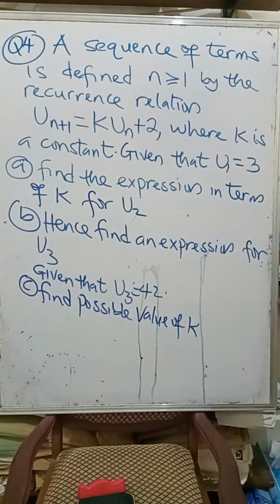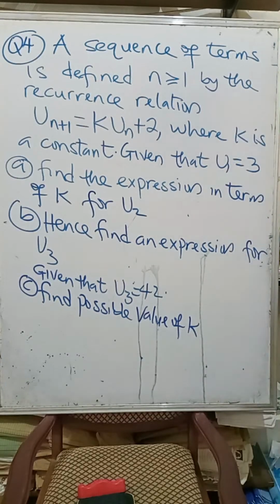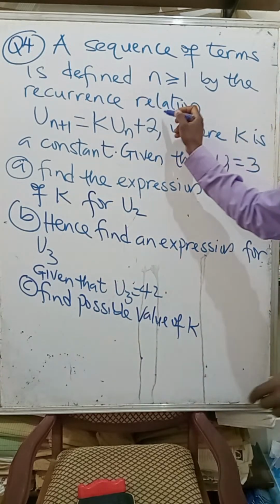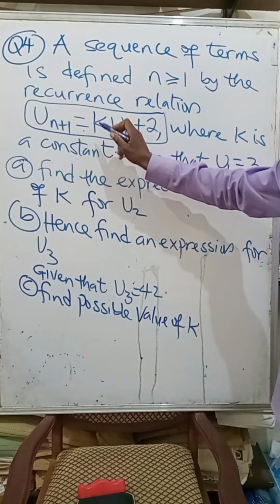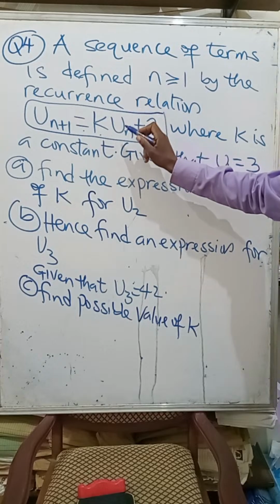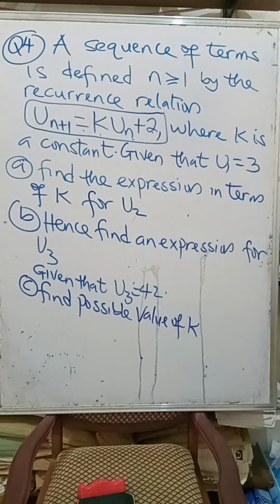A sequence of terms is defined for N greater than or equal to 1 by the recurrence relation U subscript N plus 1 equals K times U subscript N plus 2, where K is a constant.